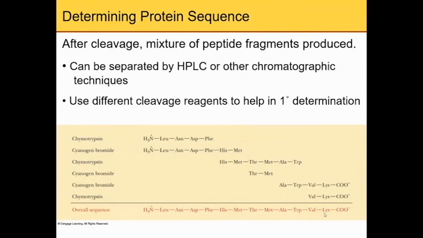Professor, can you give us another example, please? The example is here. So you use the overlapping sequences to determine the protein sequence. So basically, it just depends on the different enzymes and different chemical reagents, and then from those small peptides, you will be able to interpret and arrange them.